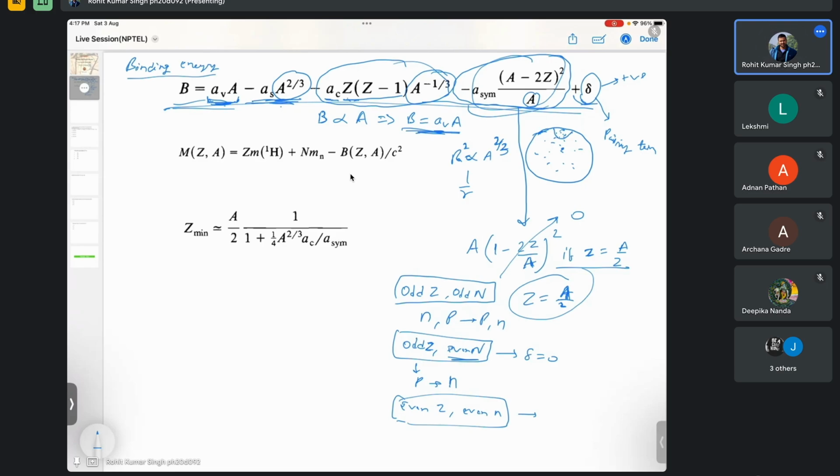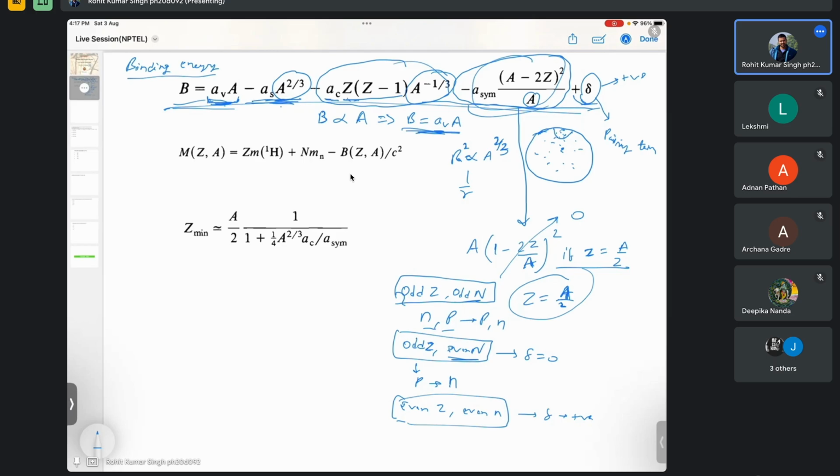So this also contributes positively. So the interesting case is when you have odd Z and odd N. In this case, one of the neutron or proton can decay to a proton or neutron and then pair with the one from the other subset.